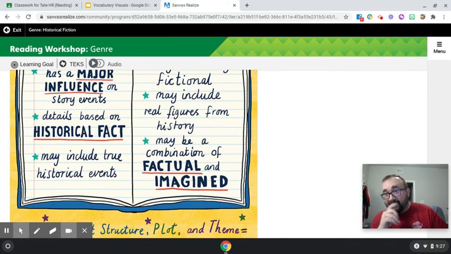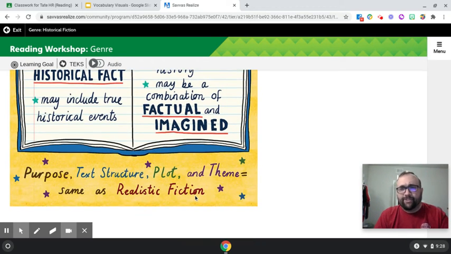This ties it all back together. There's going to be real facts in it, but there's also going to be imagined things that never actually happened or we don't know happened. So it's fictional, right? And I love historical fiction.